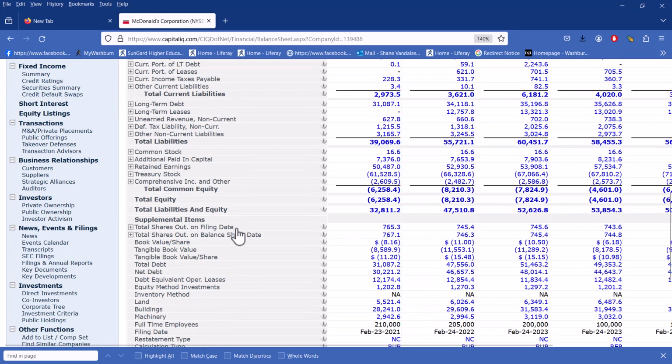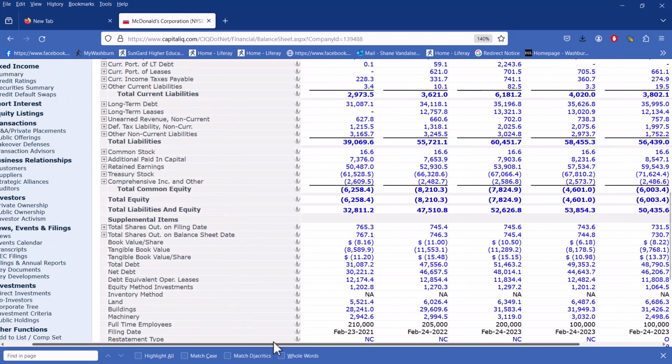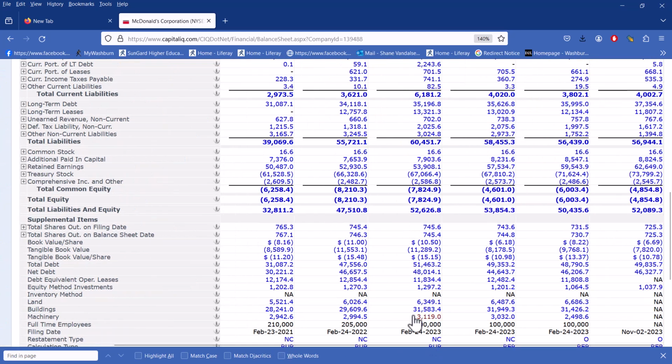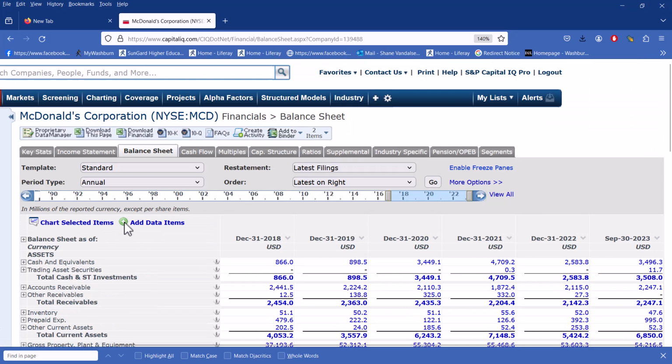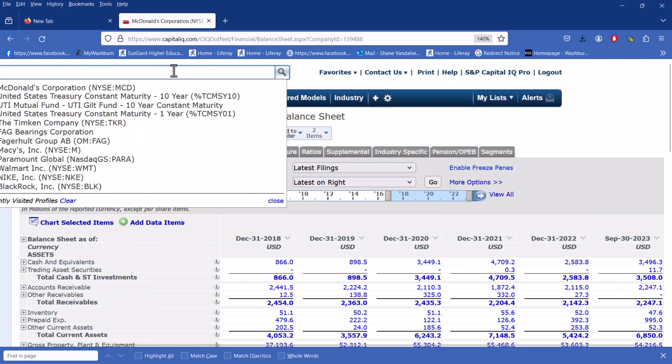So remember, the denominator here is the value of common equity. Well, we see here for McDonald's that the value of common equity is actually negative because they've repurchased so many shares of stock. Okay. So I'm going to go out to Walmart instead.